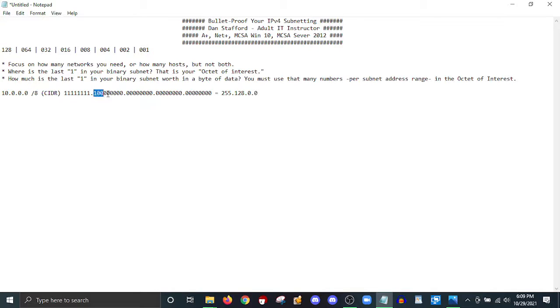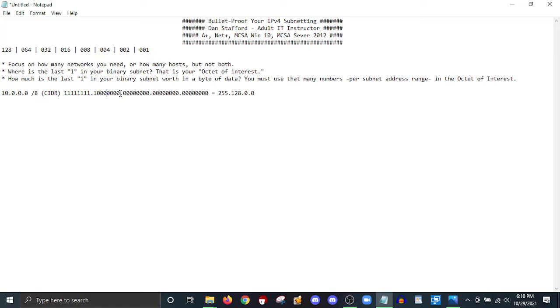Because what are we looking at here? We're looking at 1 byte of data, 8 bits. 8 bits, 8 bits, 8 bits. Octet 4, Octet 3, Octet 2, Octet 1, and they're 8 bits each.